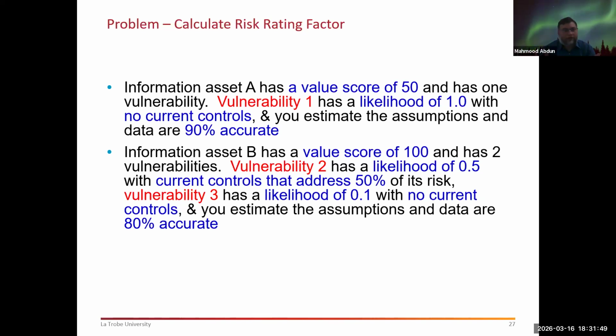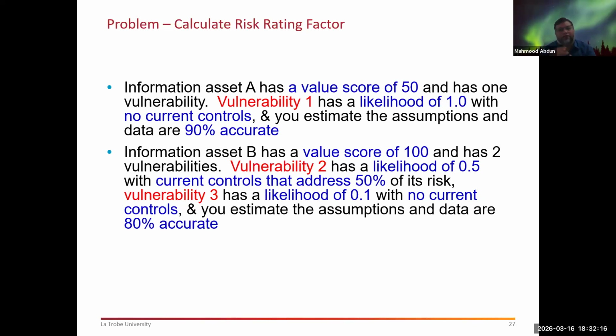It will happen, okay? And there are no current controls. That means there are no steps that you or your organization is taking to remove the vulnerability or mitigate this risk. No controls. So up to here, you understand 2 things: the value of the asset is 50, and the likelihood is 100%.